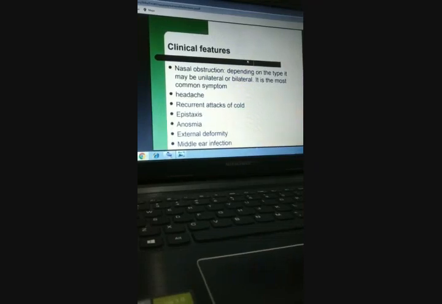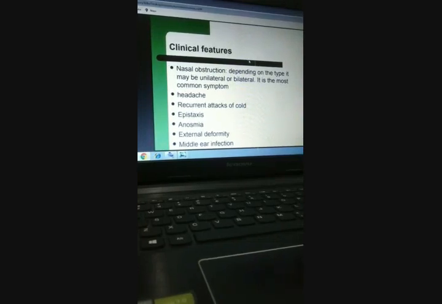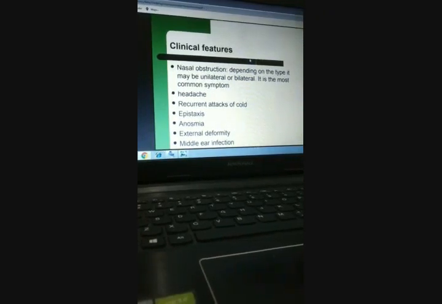Second symptom is headache. This deviated nasal septum, especially a spur, may press on the lateral wall of the nose, on the inferior turbinate, that causes pressure headache.